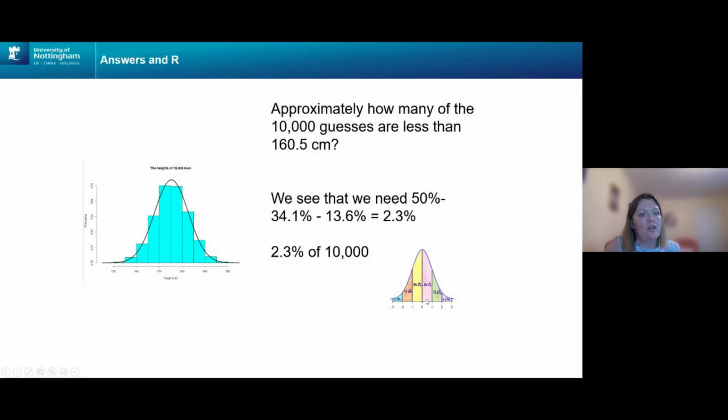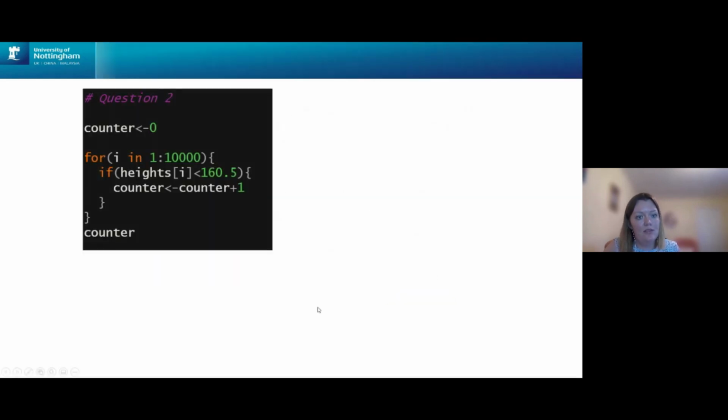If half the curve is the yellow, orange, blue and white, then to find the blue and the white, it's 50, subtract 34.1, subtract 13.6, which is 2.3%, so 230 would be 2.3% of 10,000. A lot of people actually put 210 because they didn't notice that after this 2.1 we've actually got this white bit here, which is 0.2%.